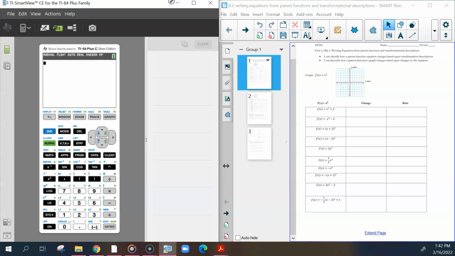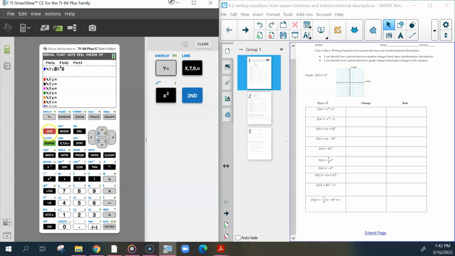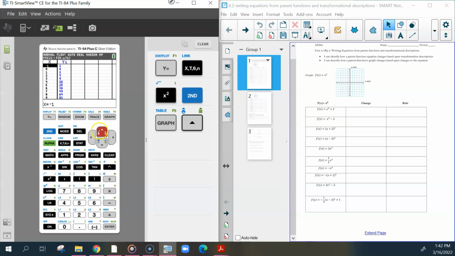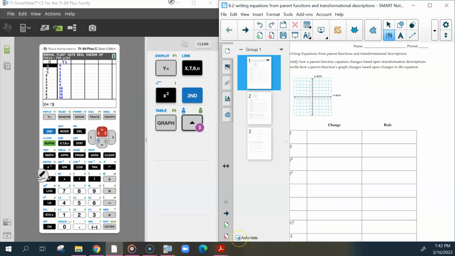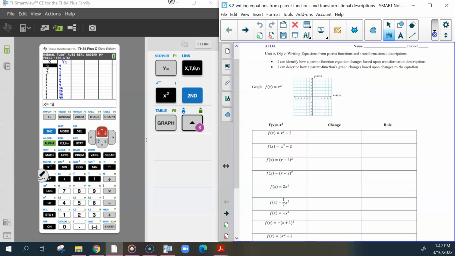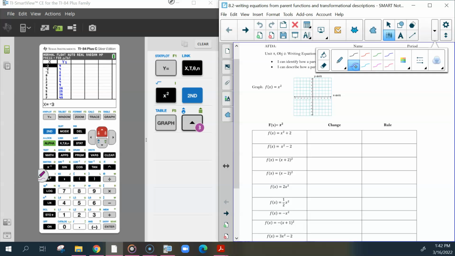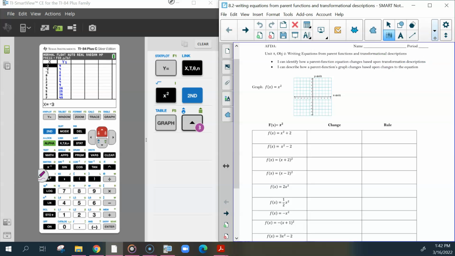I put y equals x squared in my calculator, go into my table, and I can graph a bunch of these points.